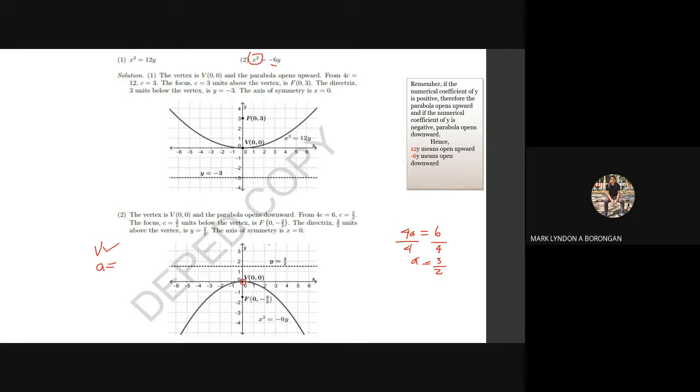So why do we disregard the sign, sir? You disregard the sign only in calculating our focal distance, because it's a distance. So we only calculated the distance, we did not put any direction yet. We put the direction when we plot the point. Okay? When we plot the point. Since it is negative here, in order to determine your focus, you base it on the sign written in the problem.